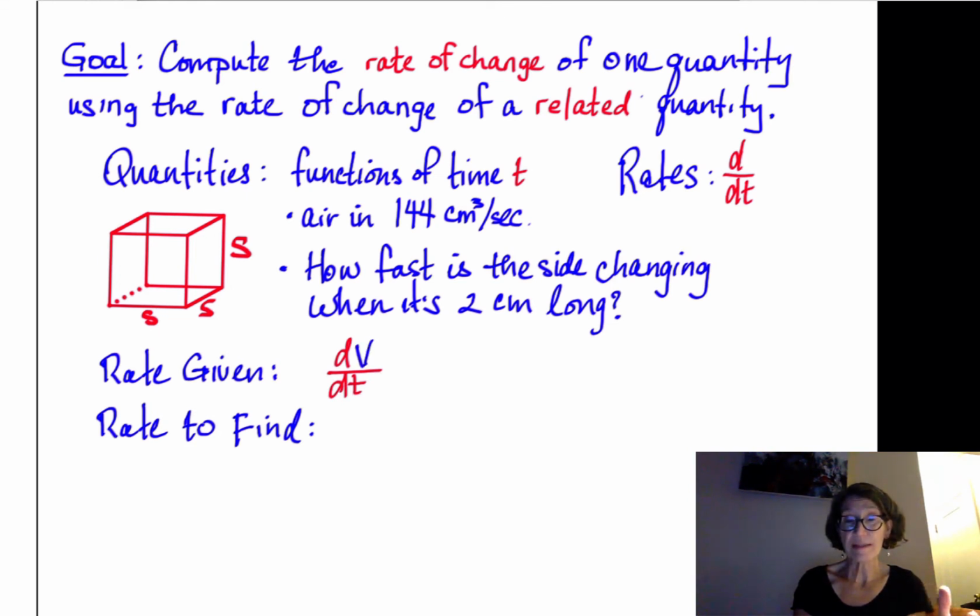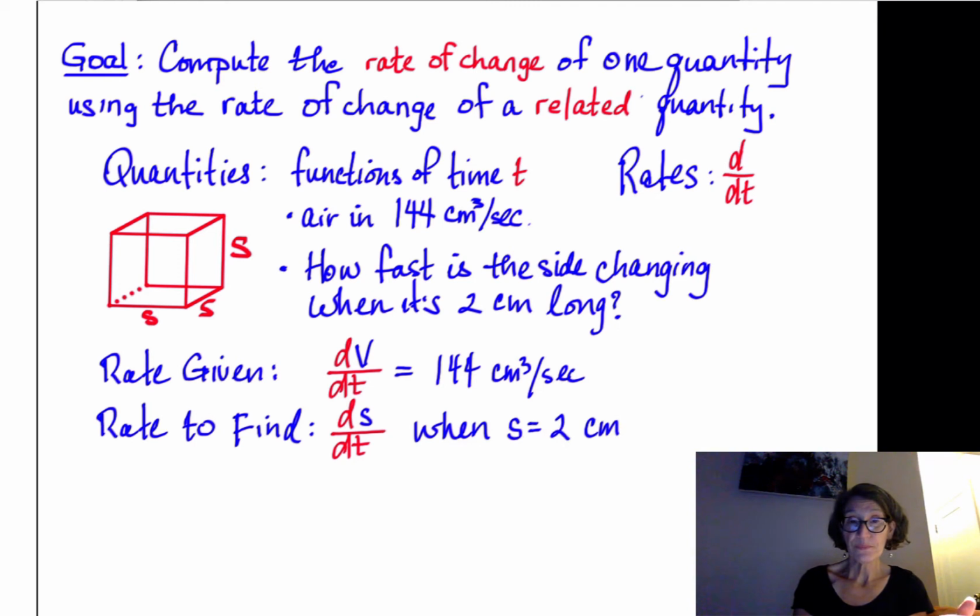I'm going to write it as dV/dt, and it was given as 144 cubic centimeters per second. The rate that we're asked to find is the derivative with respect to t of that side, s. So it's ds/dt that we're looking for when s is equal to 2.